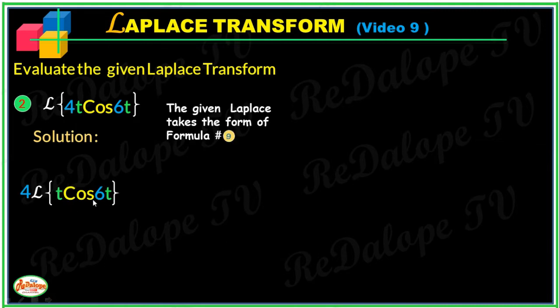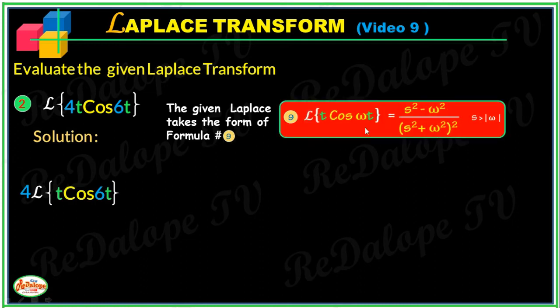And t cosine 6t takes the form of formula number 9, which is t cosine of omega t, the same as t cosine of 6t. Then therefore omega is equal to 6. Since we now have omega equal to 6, we are now ready to substitute omega equal to 6 in this formula.